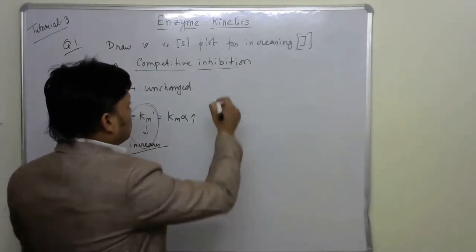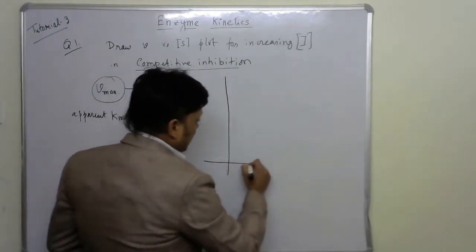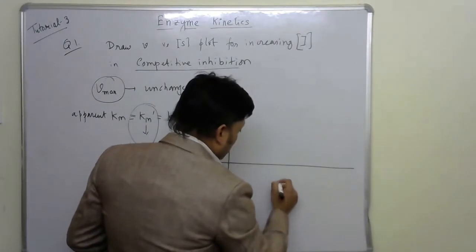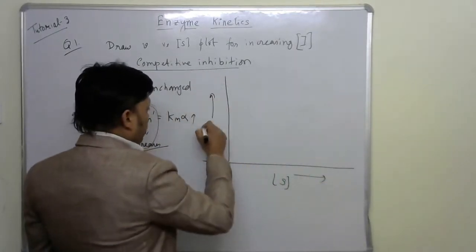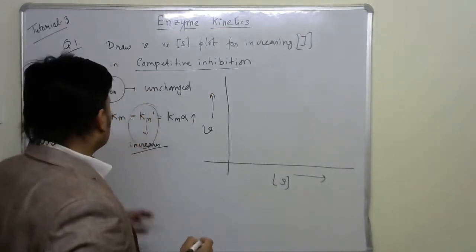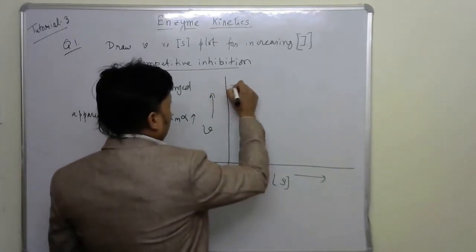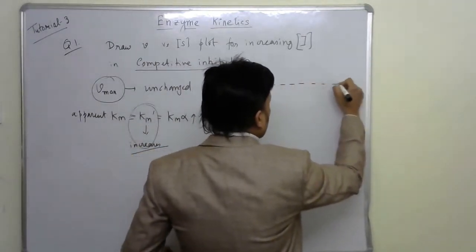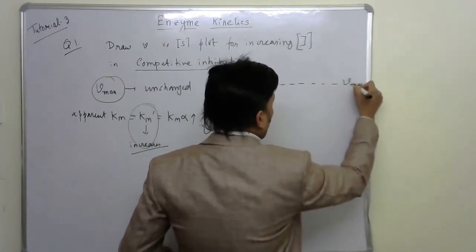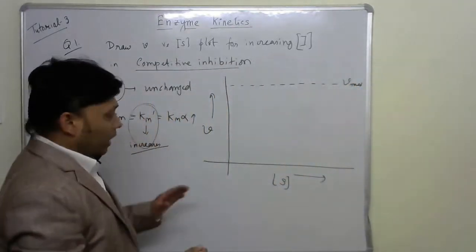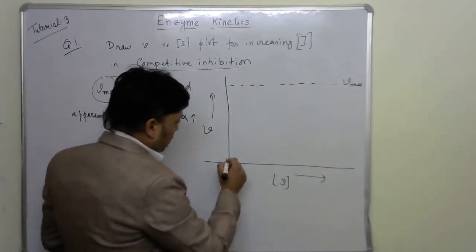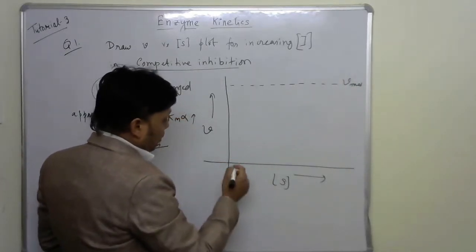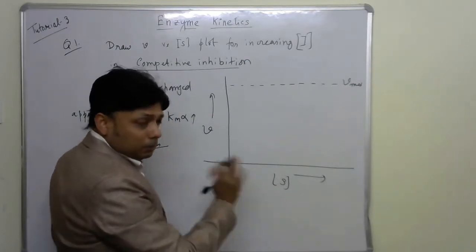So with that we can draw the velocity versus S plot. So this is the S axis at the X and V axis at the Y axis. So first let's define the Vmax. So this is our maximal velocity line, and then we assume that it is inhibitor free, so the V versus S plot for an uninhibited kinetic.